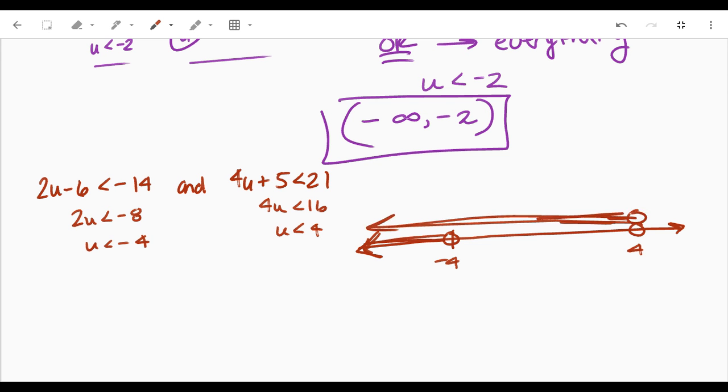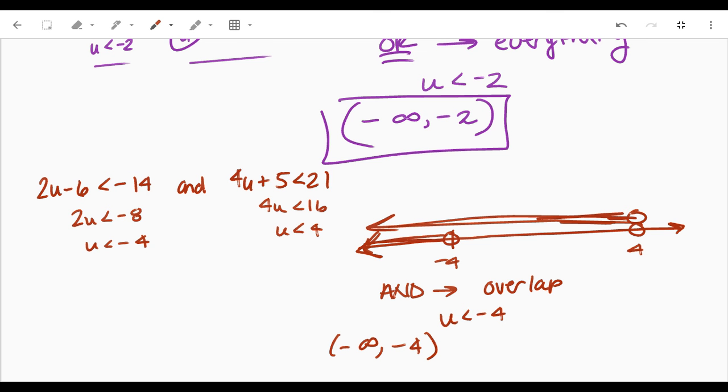Okay, so now for this one, if it's and, we only want the overlap. The only places that these two inequalities overlap is when u is less than -4. So we would have from -infinity to -4, and we would not include that -4.